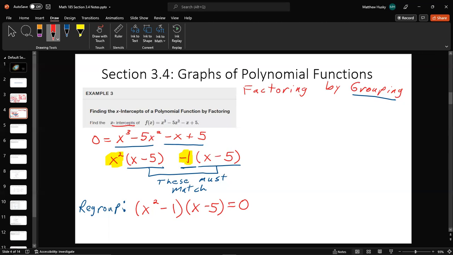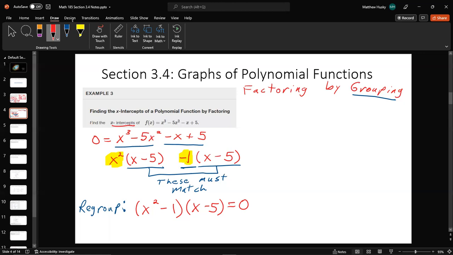Foiling and getting back to exactly where you started is not the goal of the problem because you've essentially gone nowhere. You started and ended at the same place. But anyway, what I'm trying to get across is the end result should look like something where you would FOIL it, where you've got two chunks of stuff with parentheses and you multiply them first, outside, inside, last.